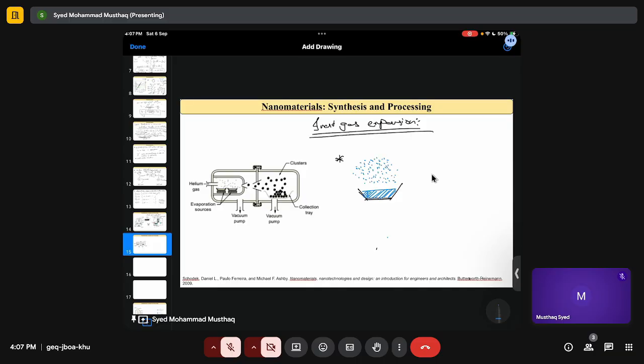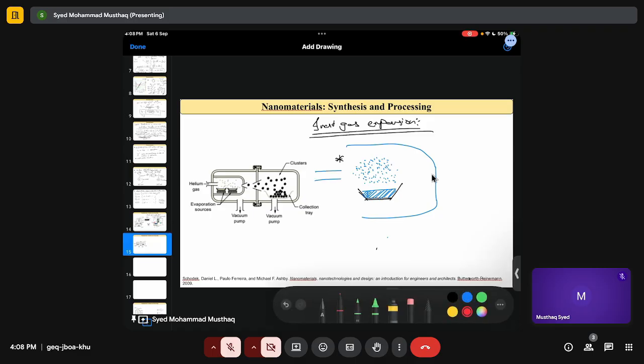These are my gas that has been vaporized, in a chamber. At first it is closed. Now I am trying to purge helium gas or any inert gas.